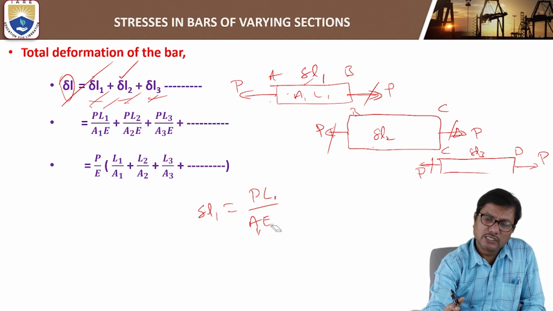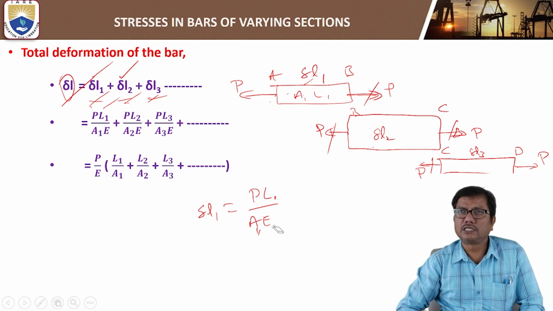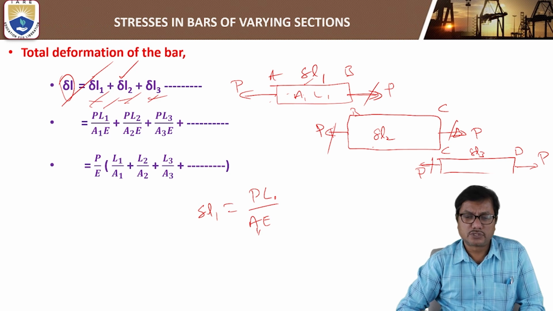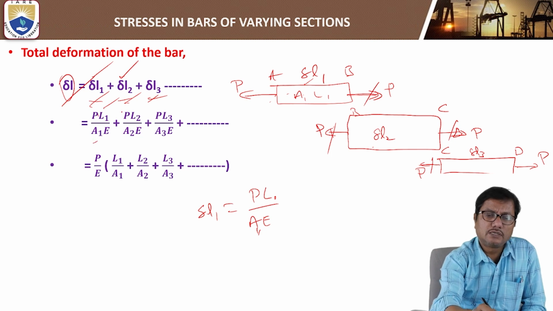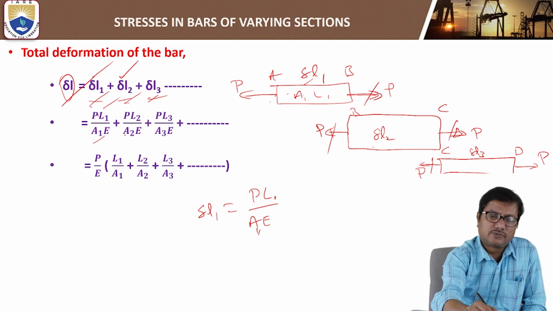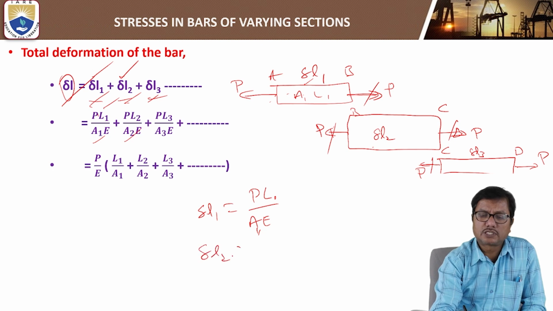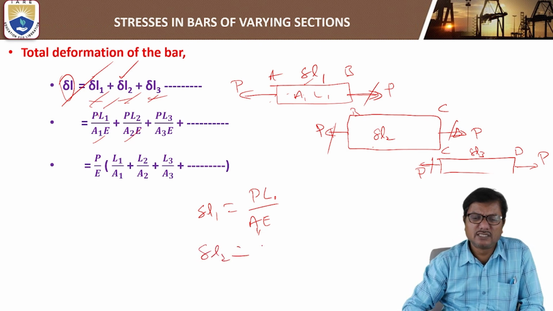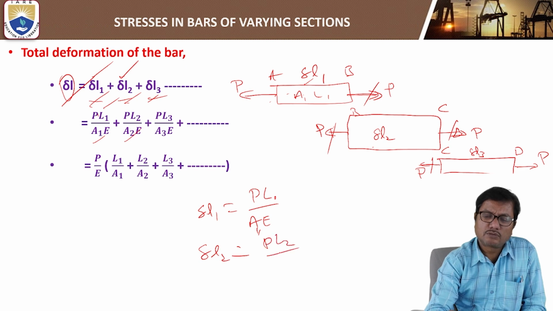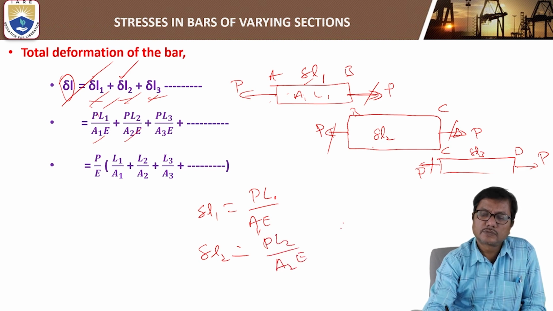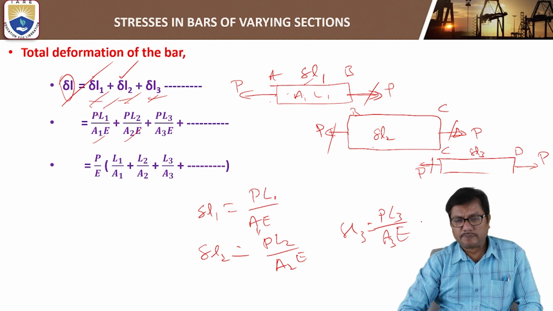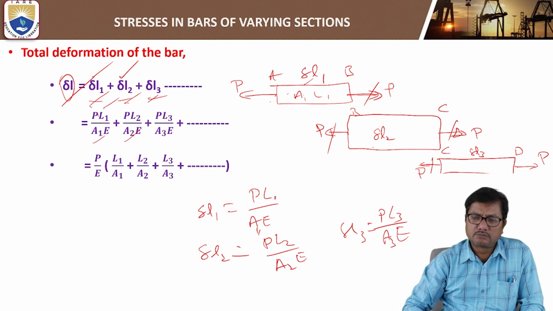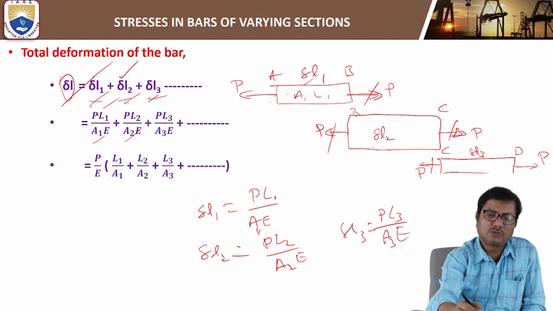Here we are considering the same material for all the portions. Next, for delta L2, the extension of portion BC, it is PL2 by A2E, and delta L3 is PL3 by A3E. If there are some more lengths, then we have to add them up.